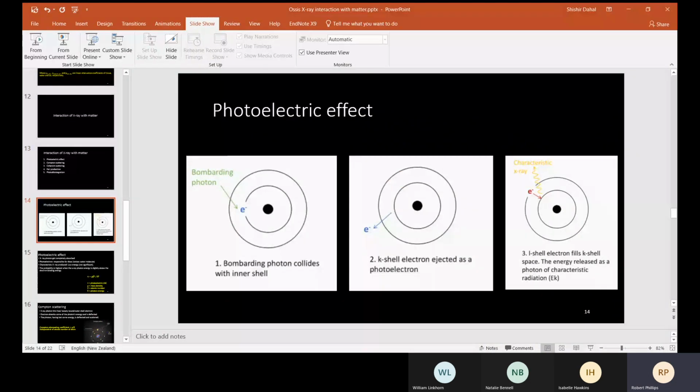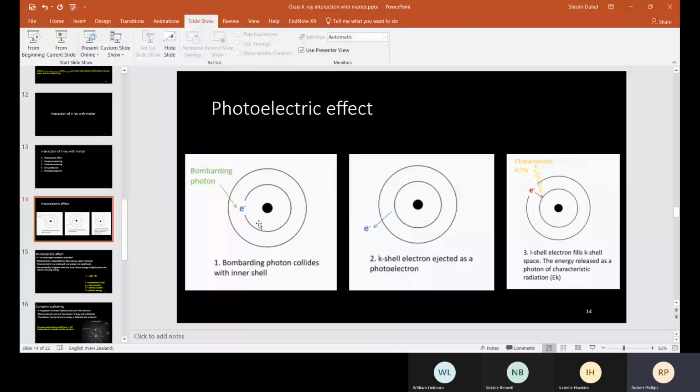The photoelectric effect occurs when the X-ray photon interacts with an inner orbit, bound electron, a K-shell electron, and ejects that electron. When it ejects that electron, this electron travels a few millimeters in our body if we are scanning our body. And when we say radiation dose, this is the culprit.